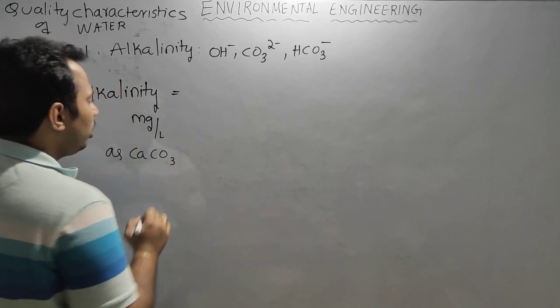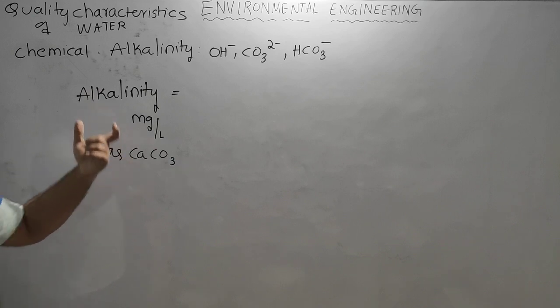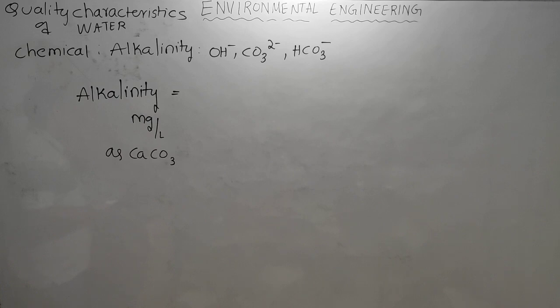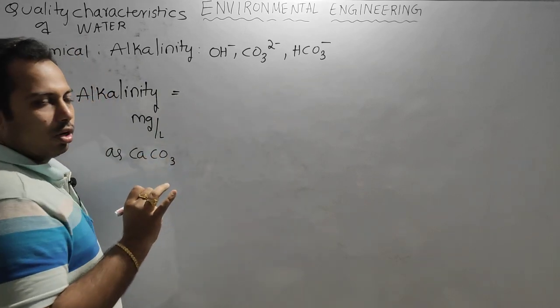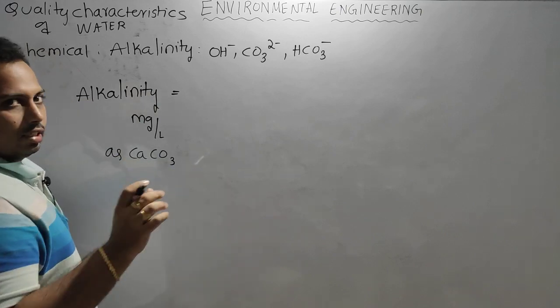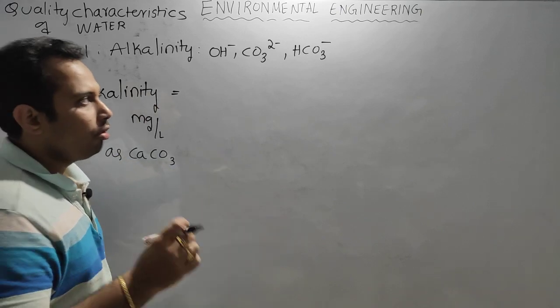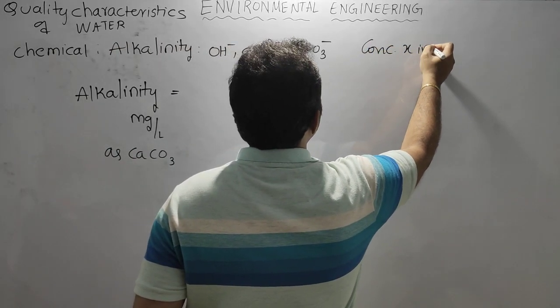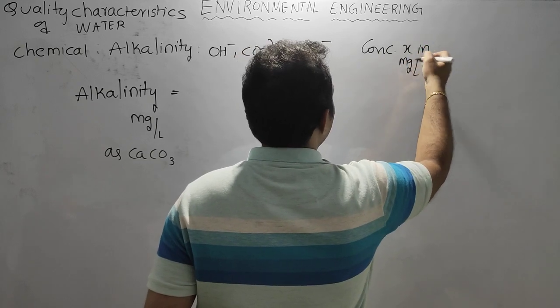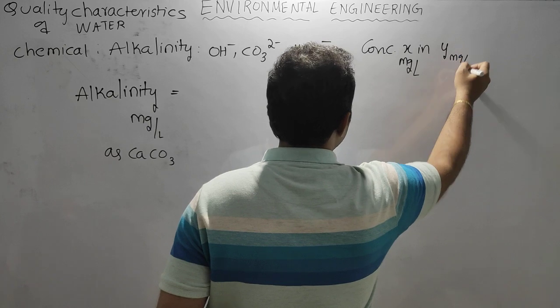As I told you already, we generally determine any concentration in terms of CaCO3 to establish uniformity. Generally, for the concentration of any compound X in terms of Y, concentration of X in mg per liter, in Y in mg per liter.